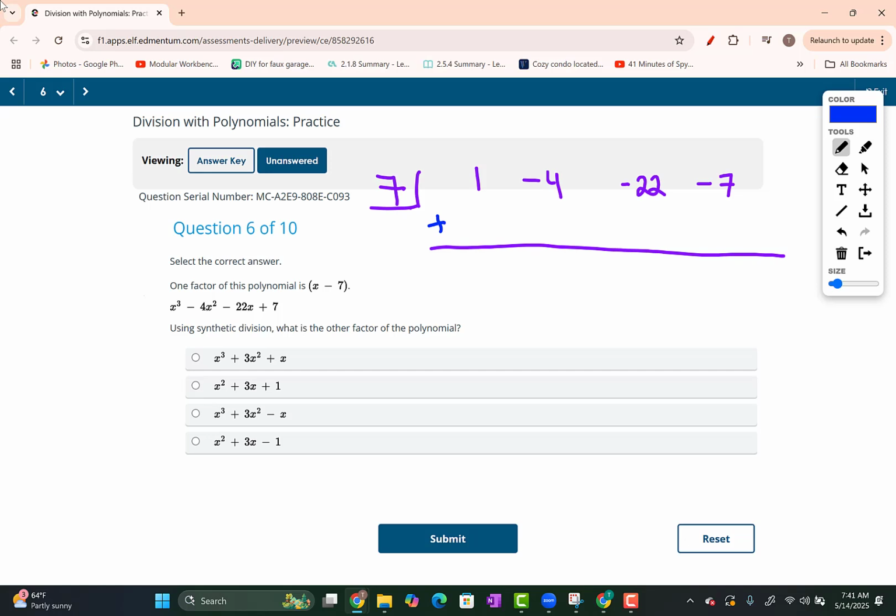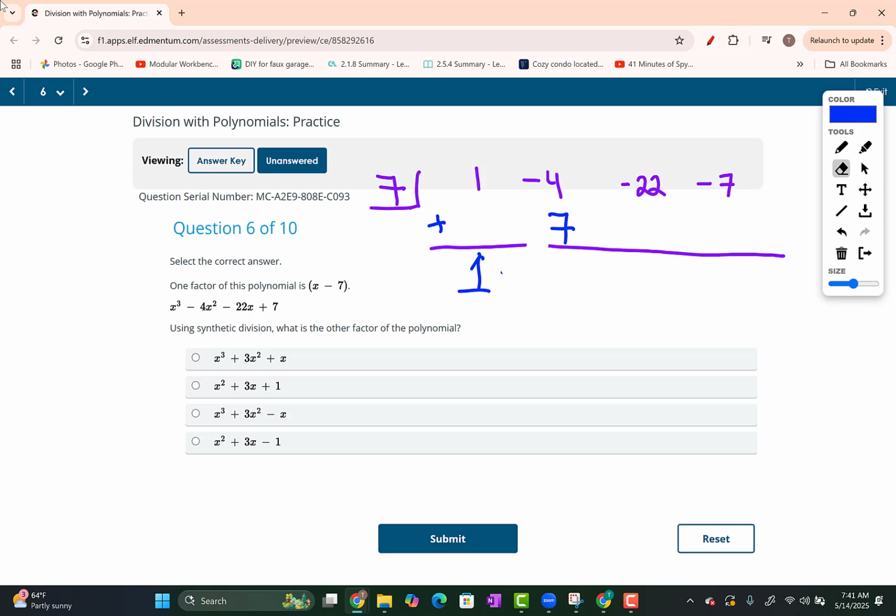So 1 plus nothing is 1. It's going to go below that line. And now that 1 is going to be multiplied by the 7 right here, our divisor. So 7 times 1 is 7. And that goes right there.